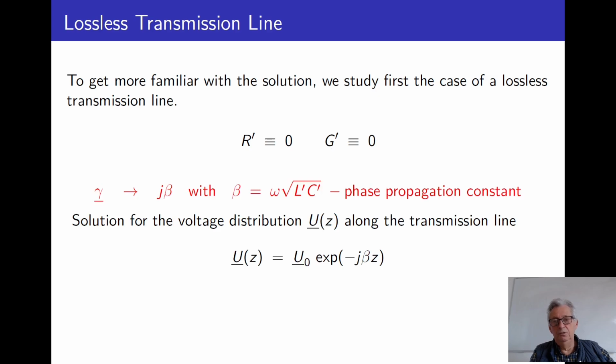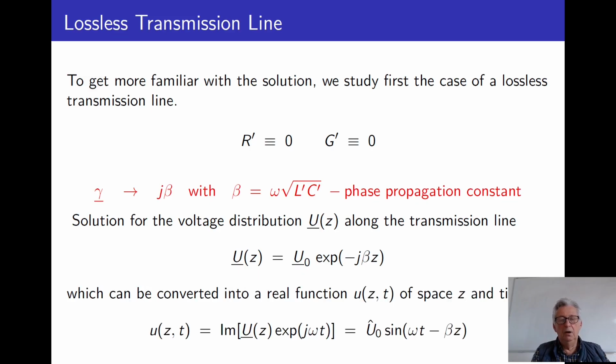So this will reduce, of course, our constant gamma, and gamma will go over into j beta, with beta chosen to be equal to omega square root of L prime C prime, which is called phase propagation constant, because you see in this equation the voltage u of z will only be changed in the phase along the transmission line, while its absolute value remains the same.